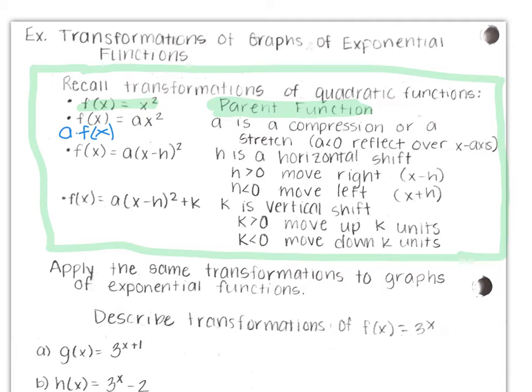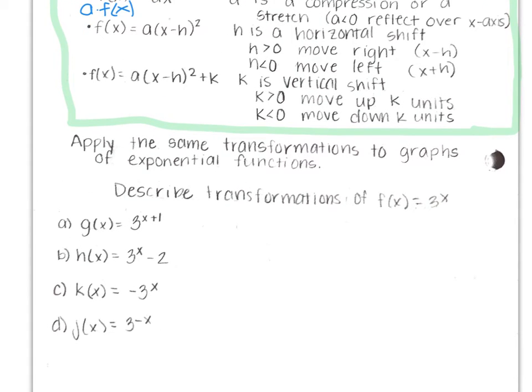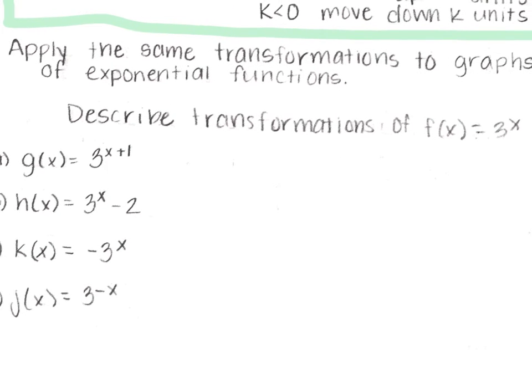So here we're just going to describe those transformations of f of x is equal to 3 to the x power. With this first one, we have g of x equals 3 to the x plus 1. And you need to think of this as having x plus 1 in parentheses. And when you have that in parentheses, it kind of relates back to the x minus h.